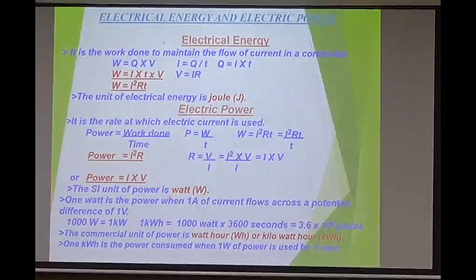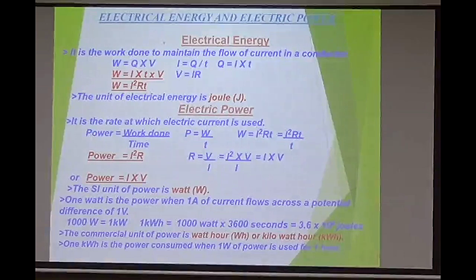P is equal to W upon T, I square RT upon T. T cancels, I square R. So the formula for power will be I square R. Now you can substitute from the Ohm's law expression and you can find power is equal to V into I, the potential multiplied by the electric current. They are changing and they will ultimately change the power of the device.